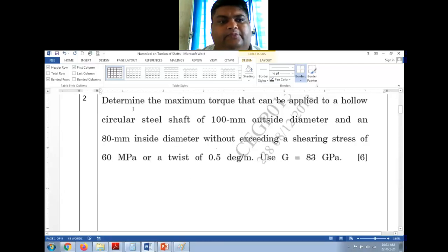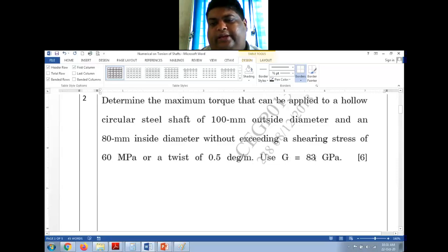Let us see this. Determine the maximum torque that can be applied to a hollow circular steel shaft of 100 millimeter outside diameter and 80 millimeter inside diameter without exceeding a shear stress of 60 megapascal or a twist of 0.5 degree per meter.